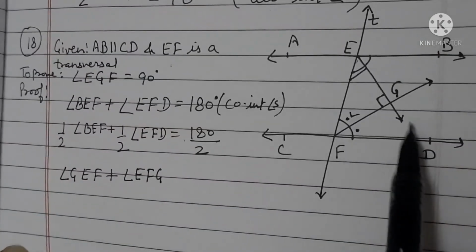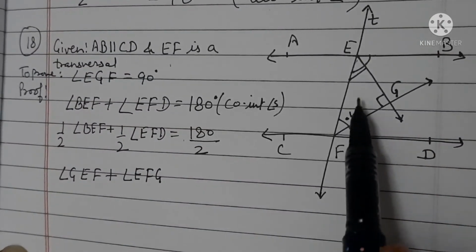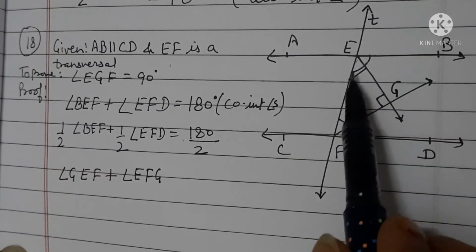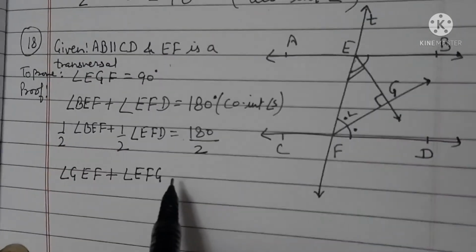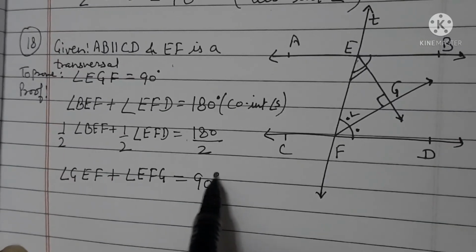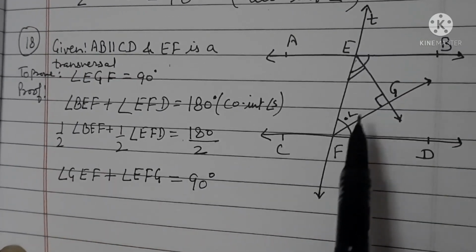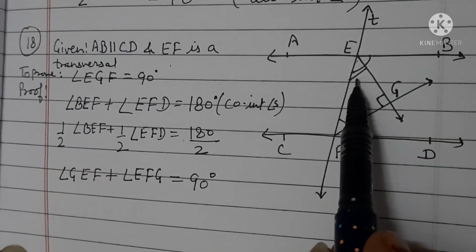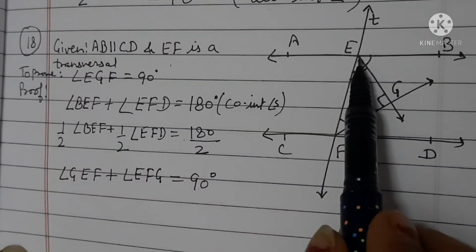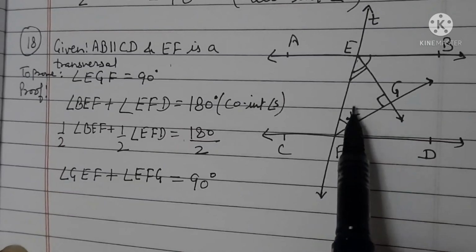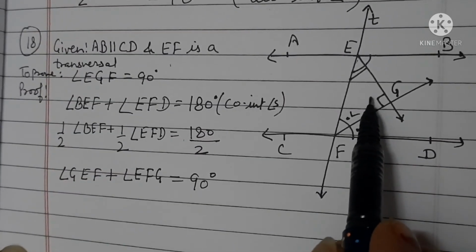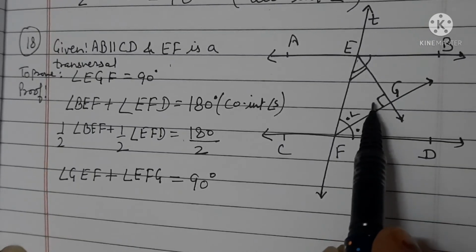Because these are the bisectors, so you can take one part from each, is equal to 90 degrees. It shows that in a triangle the sum of other two angles will be 90 degrees. What is the third angle? So you have to calculate this angle.